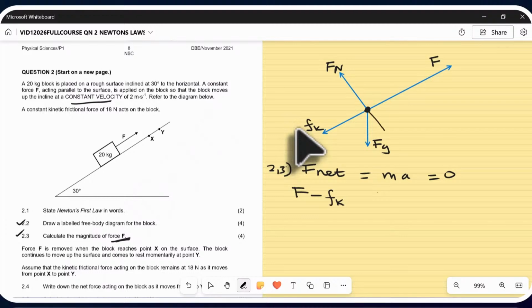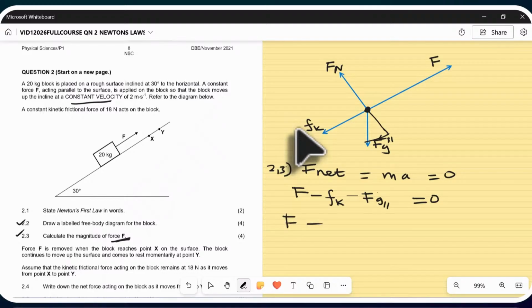So minus Fg parallel, acting down the slope, equals 0. From here, our applied force equals the frictional force Fk, plus Fg parallel.